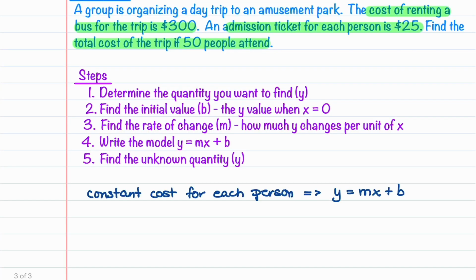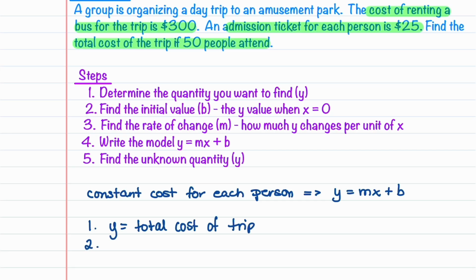Let's now go through these steps to solve the problem. The first thing is to determine the quantity you want to find. We want to find the total cost of the trip, so we're going to let y be the total cost of our trip.